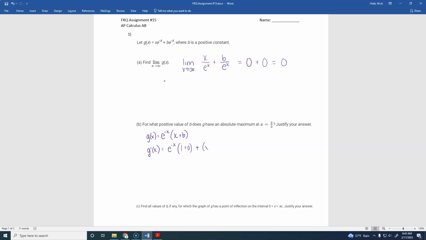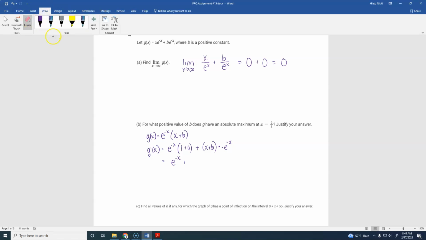Then we would have x plus b times the derivative of e to the negative x. The derivative of e to the negative x is negative e to the negative x, but you got to use a chain rule there, which is going to give you a negative right there. So you end up there, that's just e to the negative x. Let's distribute here.